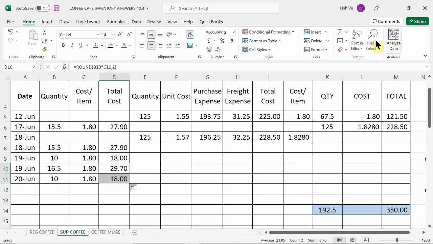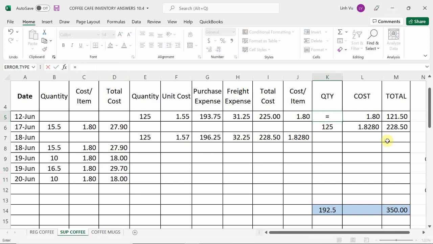So we're going to update my inventory because I have 67.5. So 67.5 minus 10 gives me 57.5, which will reduce my total amount down to 103. So I have a total of 182.5 pounds at a total of $332.